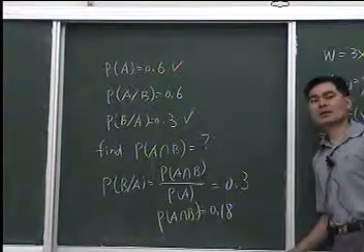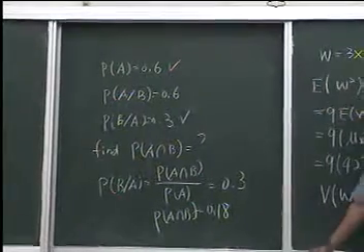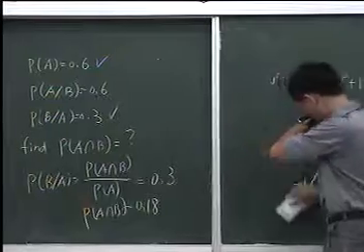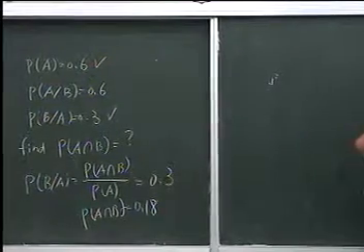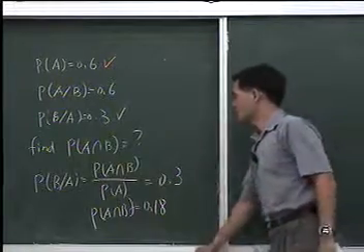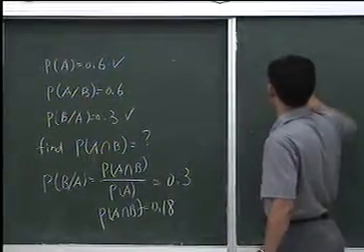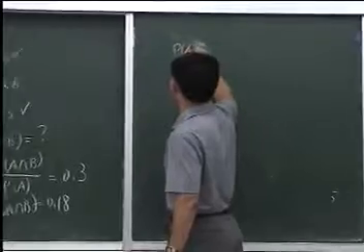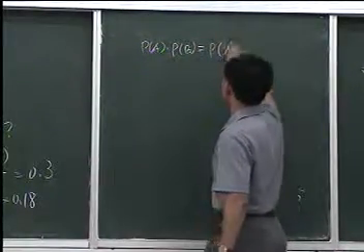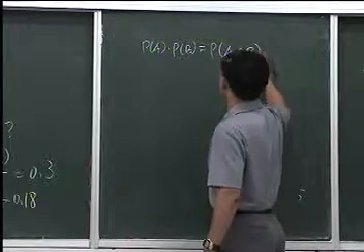And then you are required to get whether A and B are independent of each other. So there's only one criteria here, because if they are independent, then P(A) times P(B) will be equal to P(A and B), right?